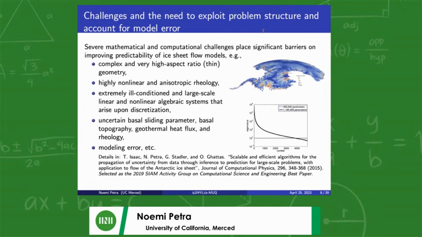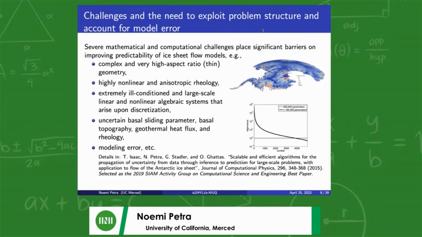I will give you a couple of examples. The geometry is quite complex with very high aspect ratios. There's a highly nonlinear and anisotropic rheology, and extremely ill-conditioned, large-scale linear and nonlinear algebraic systems that arise upon discretization. There are lots of uncertainties in the model.